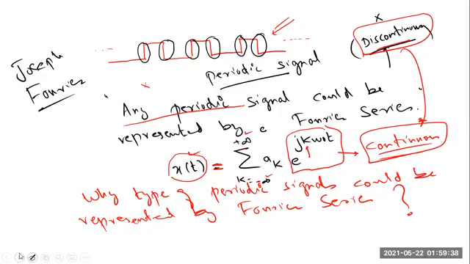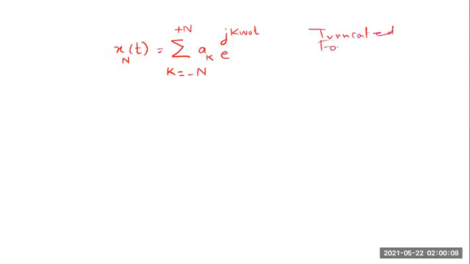Let's replace this infinite Fourier series by a finite Fourier series. In other words, rather than taking infinite terms, let's assume that we only consider the terms from minus N to plus N. I call this a truncated Fourier series, and I'm going to represent this by x sub N. We indicate that this is a truncated Fourier series.